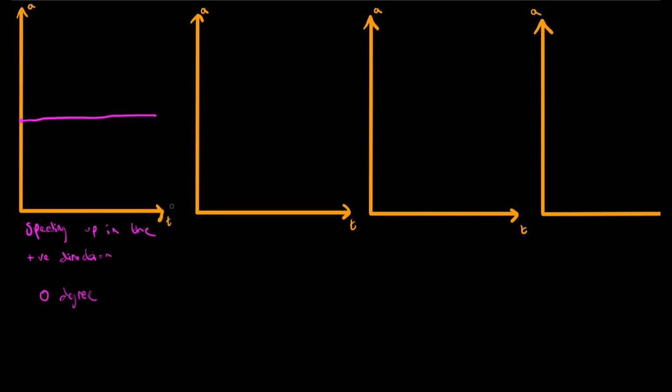Now, how will you differentiate between both cases where it's both in the same quadrant, where there's going to be two cases, one like this, one like this. However, in this second case, it's going to be slowing down in the negative direction, where slowing down in the negative direction.